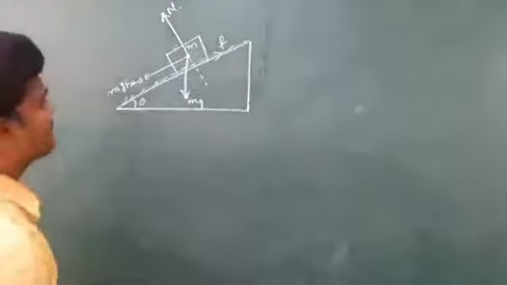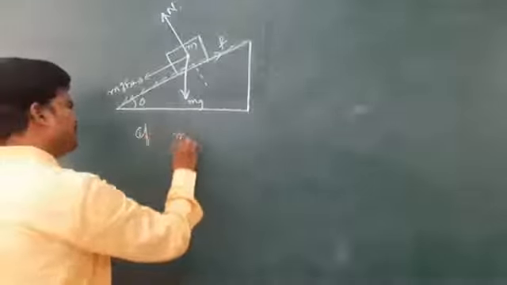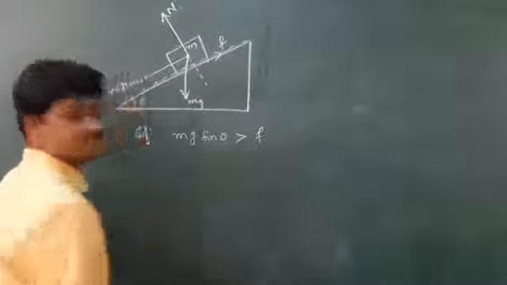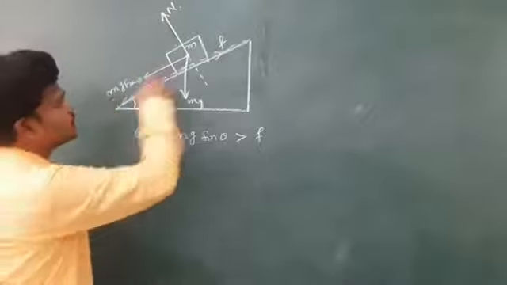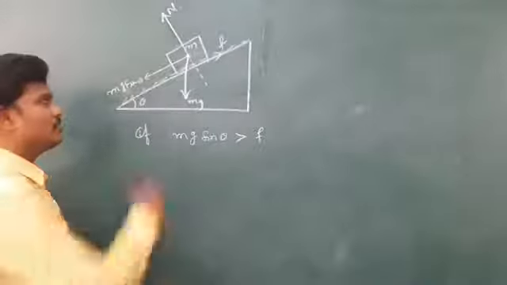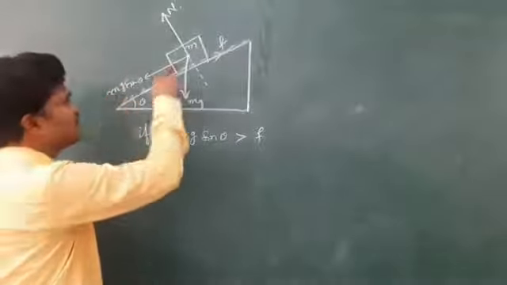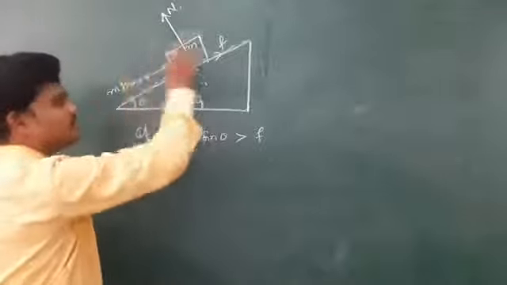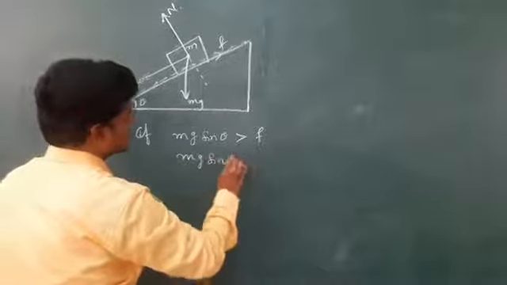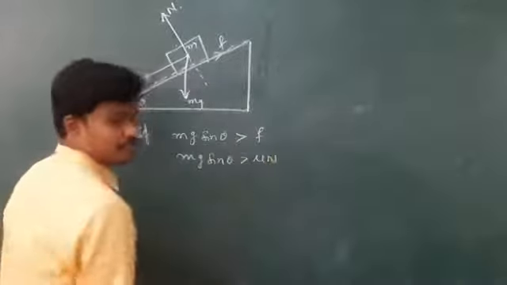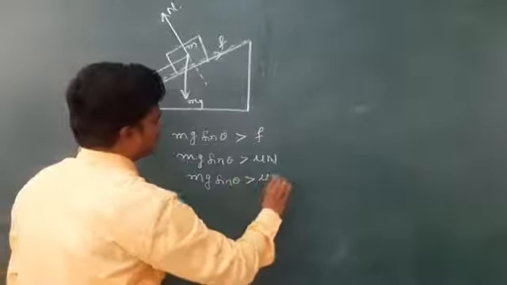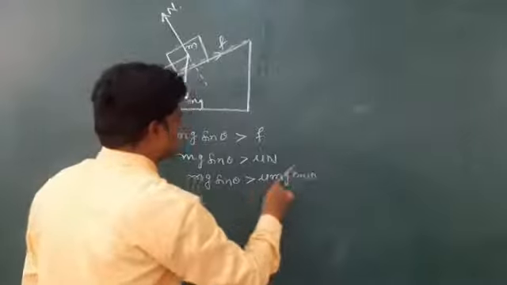At equilibrium, if mg sin theta is greater than the frictional force, then what happens? If mg sin theta is dominating over the frictional force, no doubt this body will slide. So we can write mg sin theta greater than mu N, and N is nothing but mg cos theta.